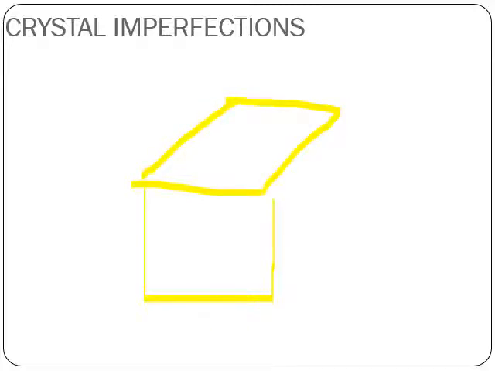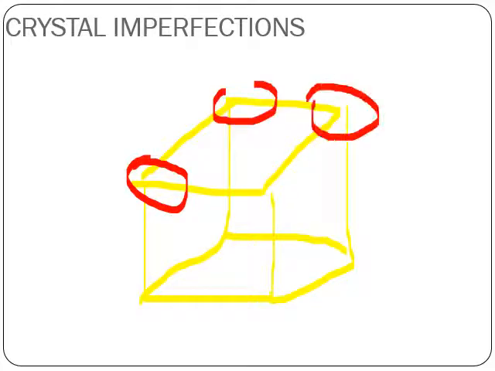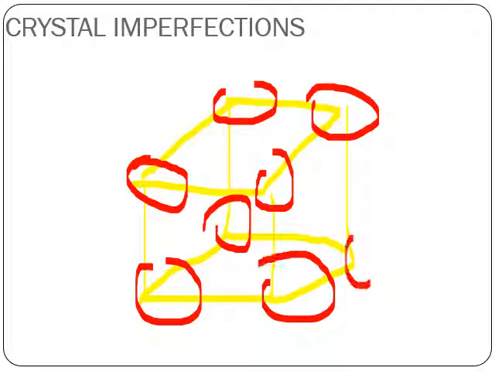Whenever there is a perfect crystal, if you take the example of a cubic crystal, a perfect crystal means a simple cube like this, and there will be 8 atoms, one at each corner. So this is what a perfect crystal means.